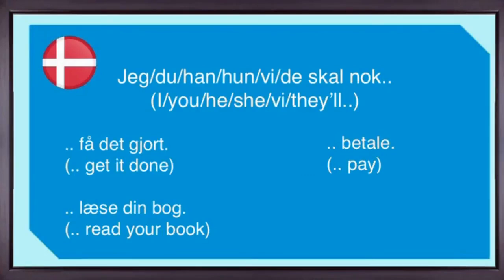So this one is skal nok. Skal nok. And yes, I saw this one. I saw it very much. So, skal nok is like I'll, or you'll, or he'll, or she'll, they'll, like an assurance, like a promise. Like when I say I'll do it, oh, he'll get it done, it'll be alright. Like an assurance or promise. So, skal nok.